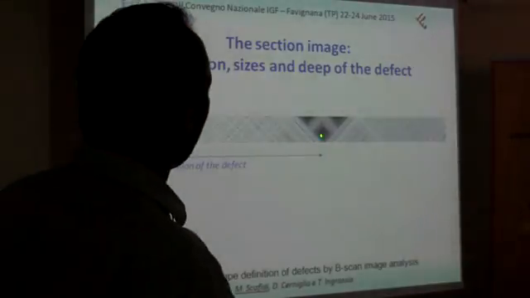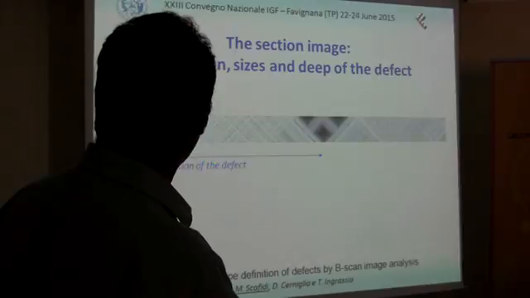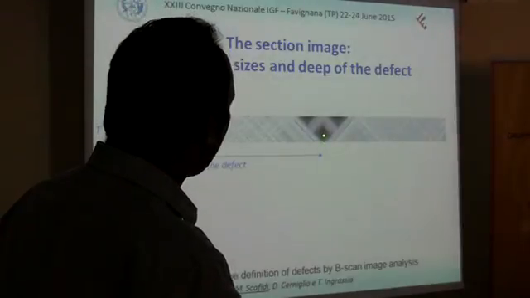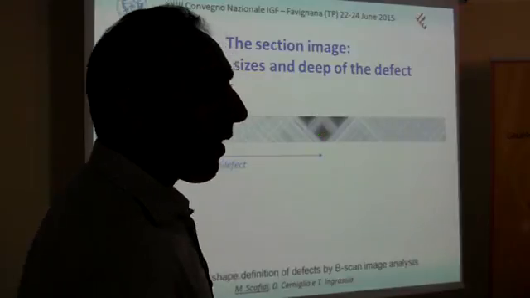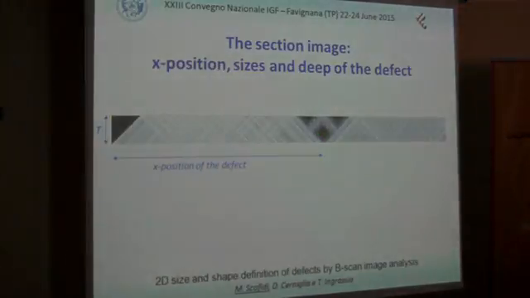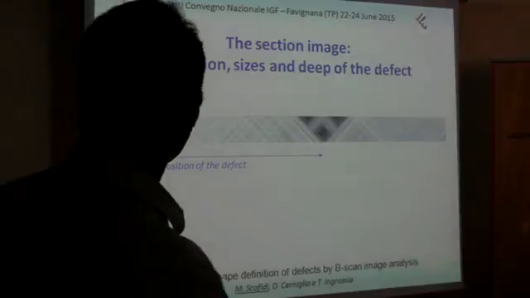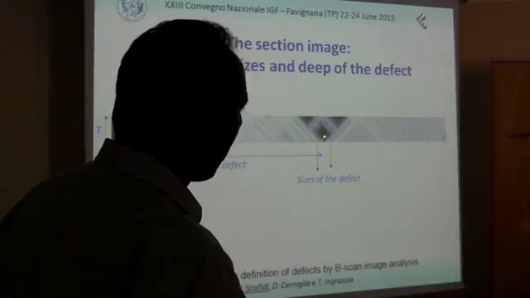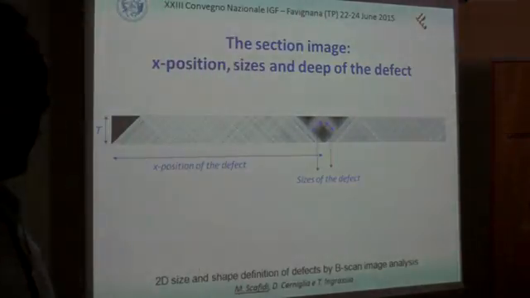For example, we can measure in this way the position of the defect, find the center of this rectangular or round. We can find size of the defect, measuring with a threshold.